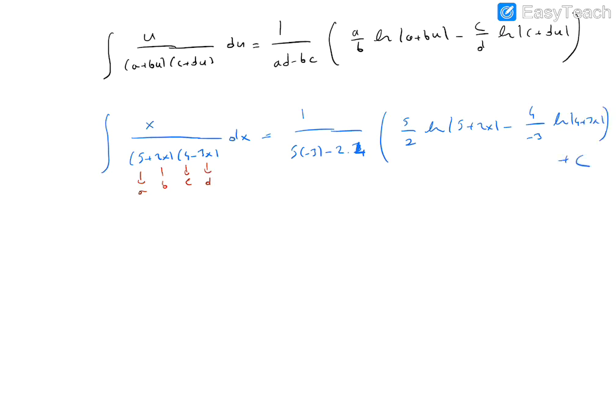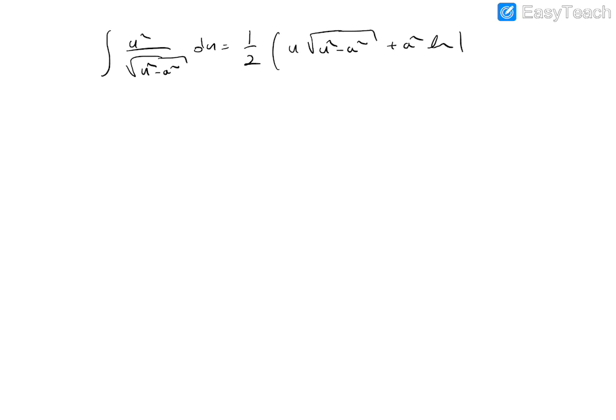This is an indefinite integral, so let's take the constant term C. So as a result, if you make your arrangement, ln of 5 plus 2x, minus 4 over 69 ln of 4 minus 3x, plus c is the answer. So by using the formula from the table, you can calculate the integrals.